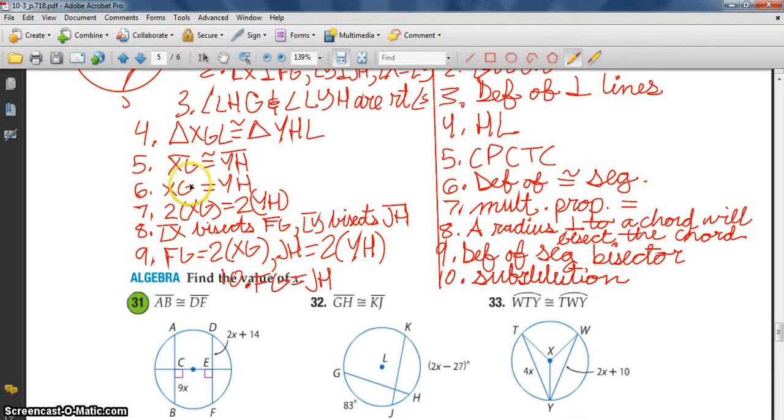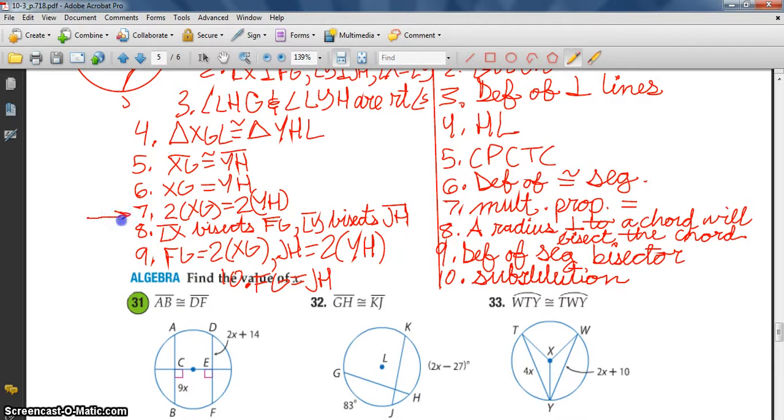So what are we substituting here? We're substituting in place of FG. In place of FG we can substitute 2 times XG.